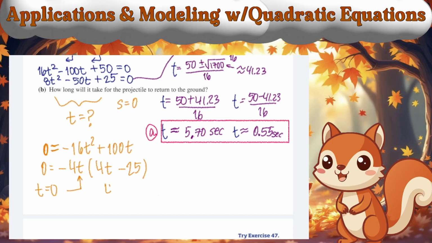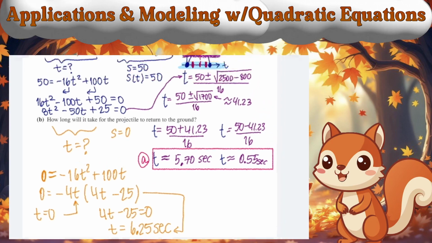And then I will get 4t minus 25 is 0. So add 25 and divide by 4. Half of 25 is 12.5. Then half of 12 is 6. Half of 0.5 is 0.25. So 6.25 seconds.